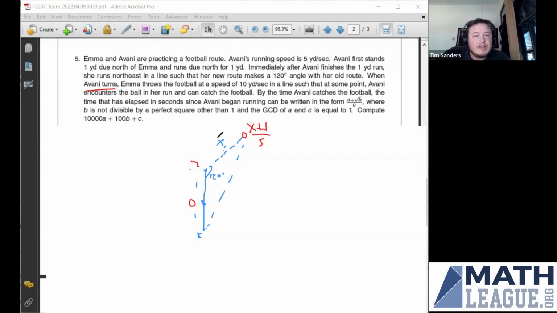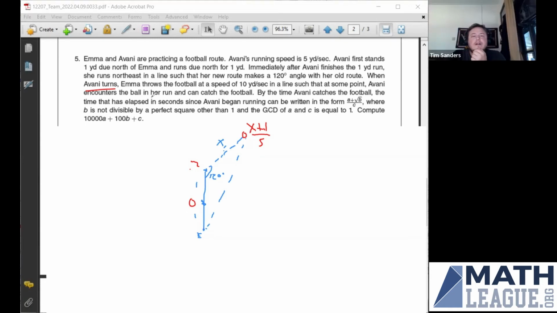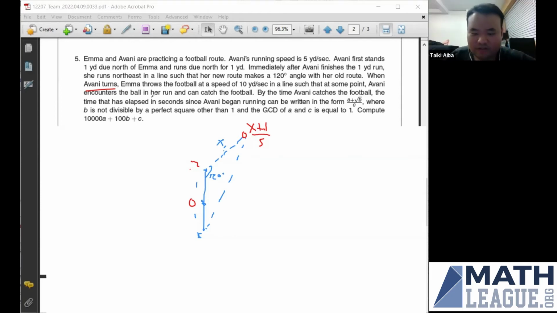So if Avani is traveling x yards, then the football is in the air x over 10 seconds. Is that right? x over 10. Actually, it would be whatever this length is. Oh, right. Yeah. Actually, I think we can find this length by.